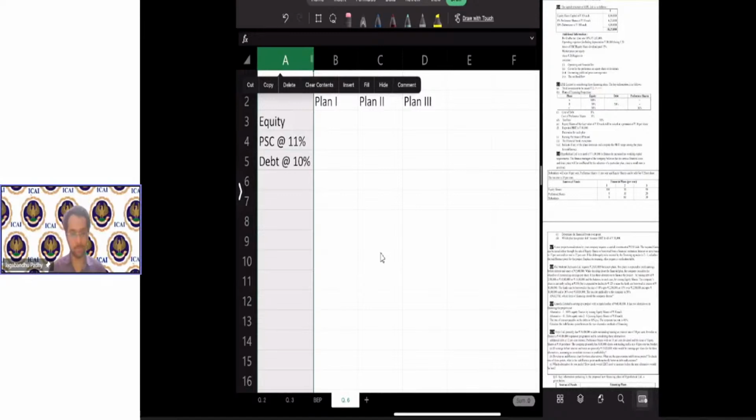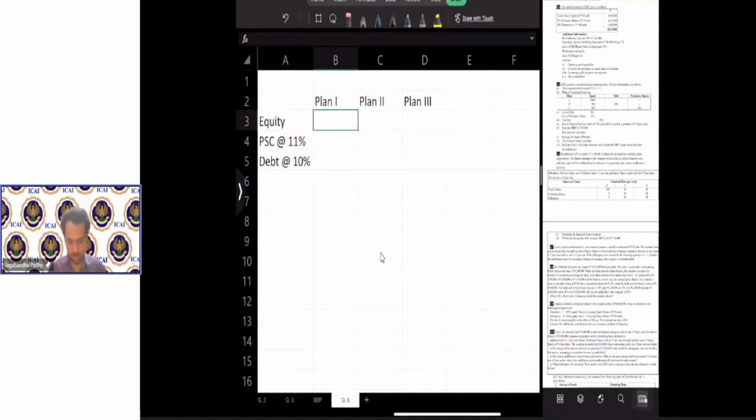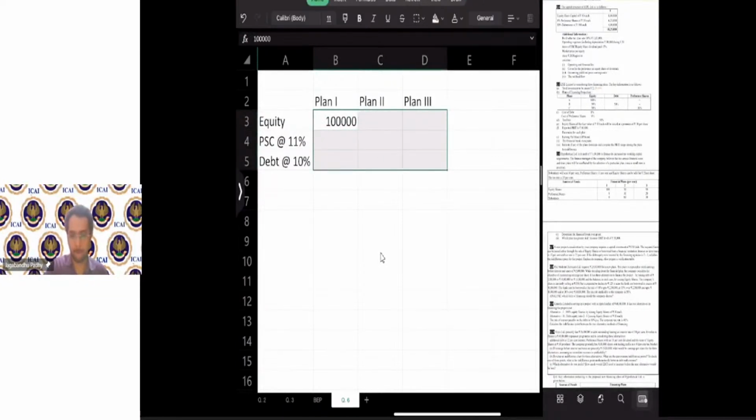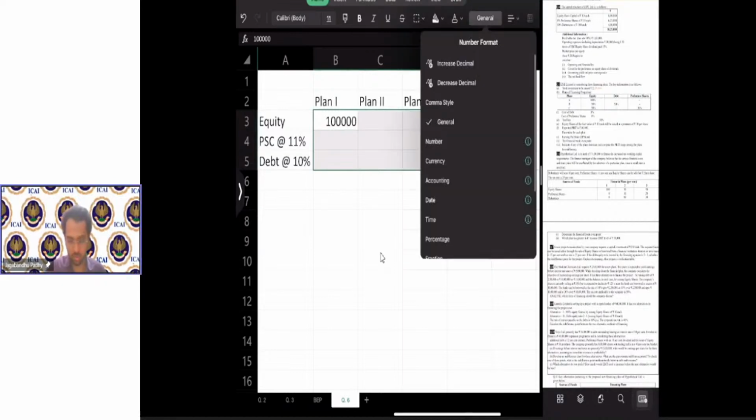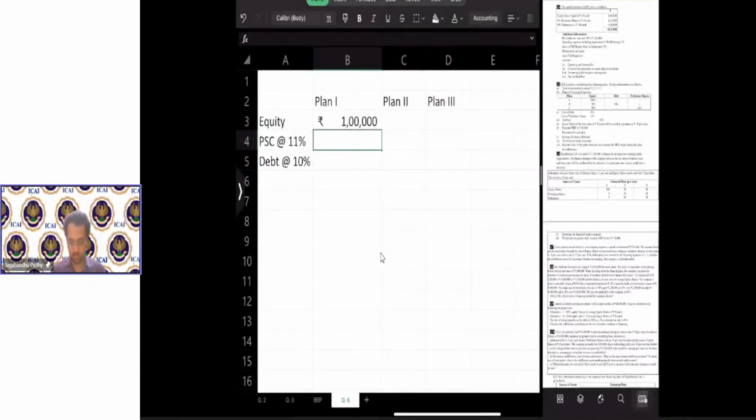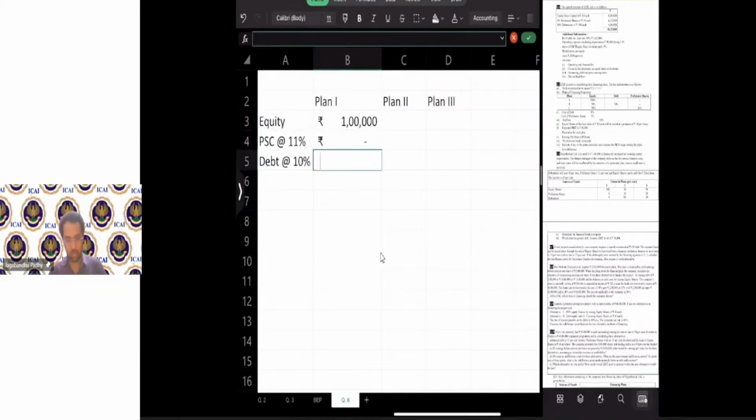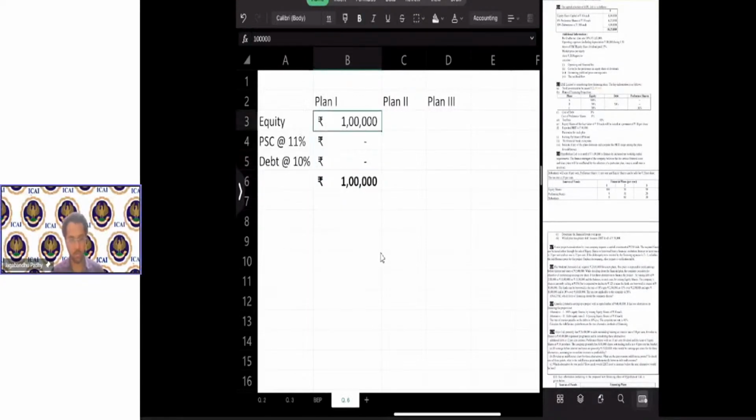Okay, so the equity amount is 1 lakh. The first plan is to raise it fully by way of equity. So you have the total capital employed, which is the sum of all of them.